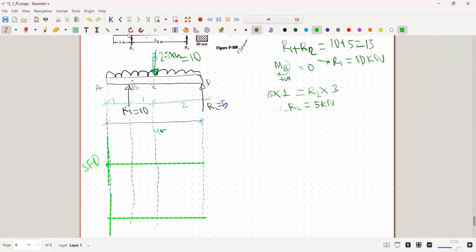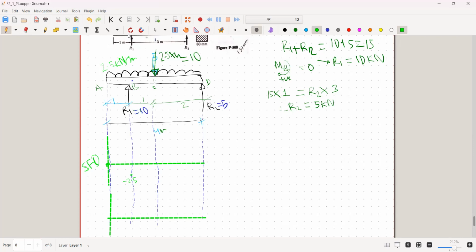From A to B, we consider just left of B and just right of B. Just left of B, you can see the uniformly distributed load, 2.5 kilonewton per meter over a distance of 1, acting downward, so negative 2.5, and from the right we can see a 10 kilonewton load acting in the upward direction.